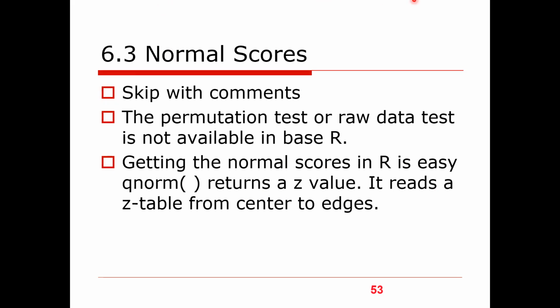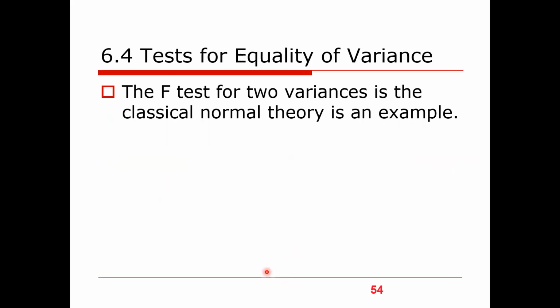And using R is easy. It's just this function here, qnorm. Using this, it can return us a z value. So we can get a normal score and use the normal distribution tests, t-test and z-test, for two sample median comparison.